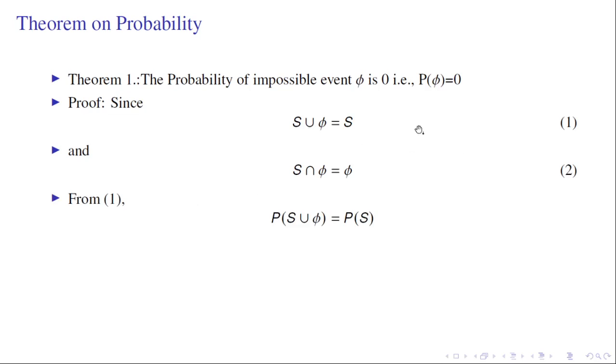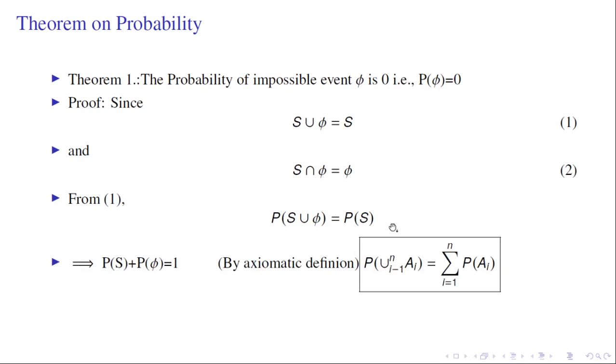From equation 1, taking probability on both sides, probability of S union phi is equal to probability of S. This can be written as probability of S plus probability of phi, because by the axiomatic definition of probability, probability of the union of Ai, i equal to 1 to n, must be equal to the summation of probability of Ai.